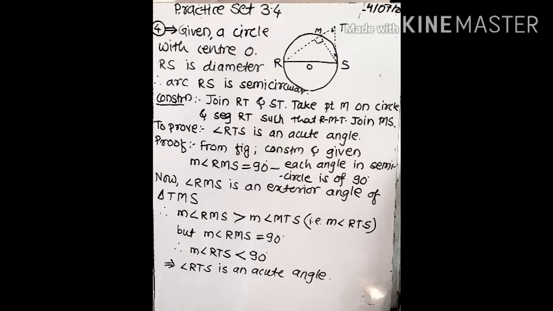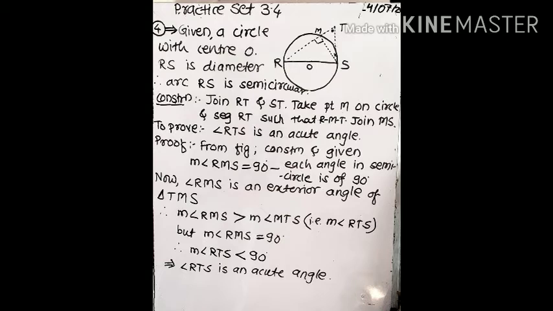First of all, we see angle RMS. This is the angle formed in semicircle. And we know that by the property, angle RMS, which is constructed in the semicircle, is of 90 degrees. That's why angle RMS is of 90 degrees.